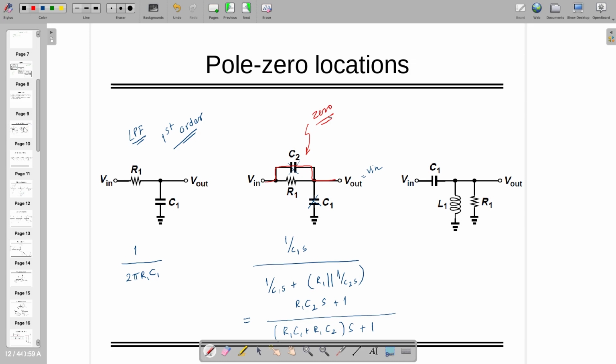So similar to this, you should have one more zero here also, right? It will be second order because capacitors and inductors are there. So denominator you should see some highest order of 2, and here you should have one zero.